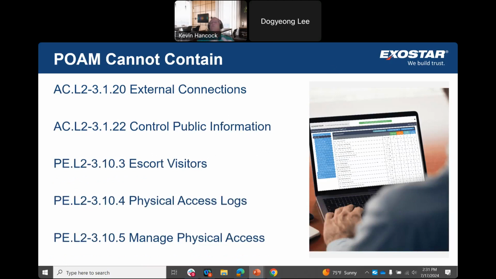Now, you can report any SPRS score, right? It doesn't have to be 88. 88 is going to be that determination of when that third party is willing to come in and do your assessment. When you go to win a contract under the CMMC rules, that contract will tell you which level you have to be at.